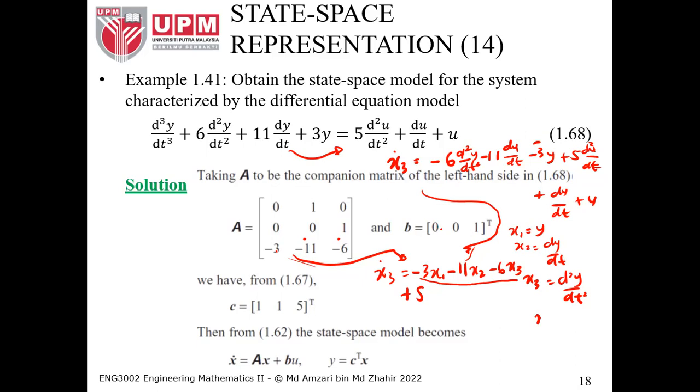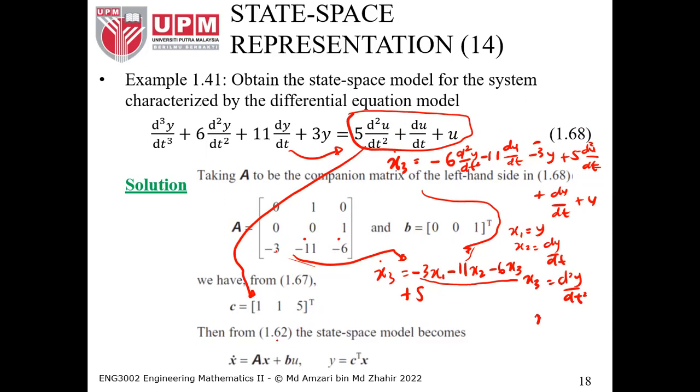In terms of b it is 0 0 1. So your c will be focusing on the u terms: u is 1, du over dt will be 1 and d square u over dt square will be 5. So it's a c transpose.